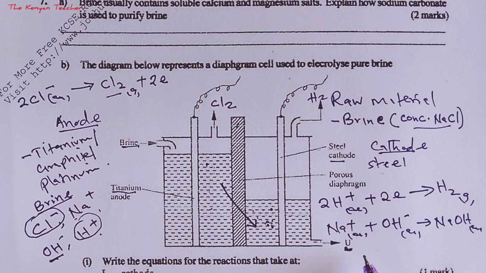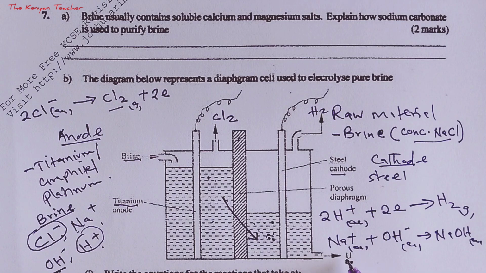Caustic brine. So to be able to concentrate our sodium hydroxide from it, we normally do evaporation so that we're able to minimize the percentage of the impurity of unchanged sodium chloride in our sodium hydroxide.